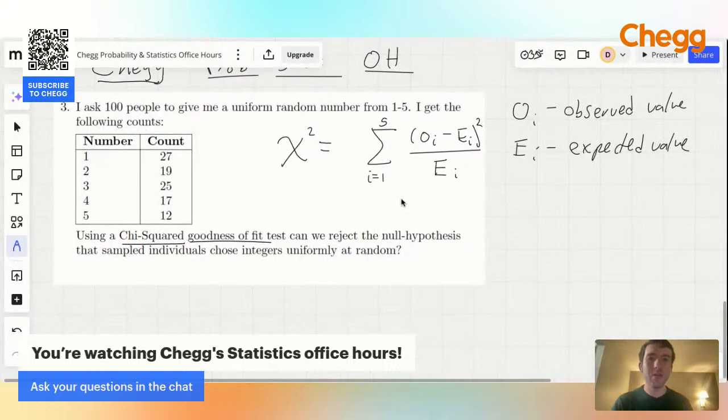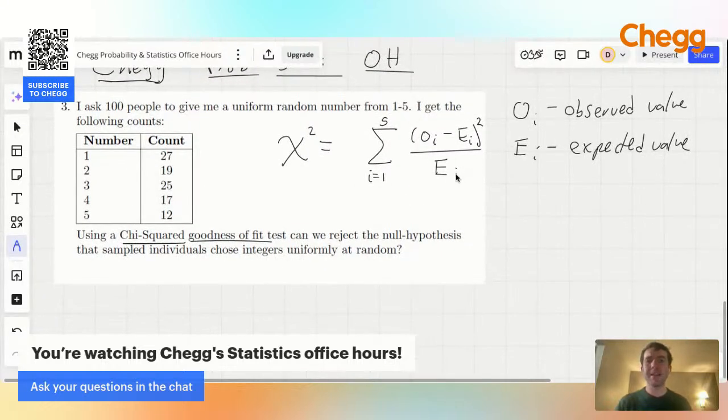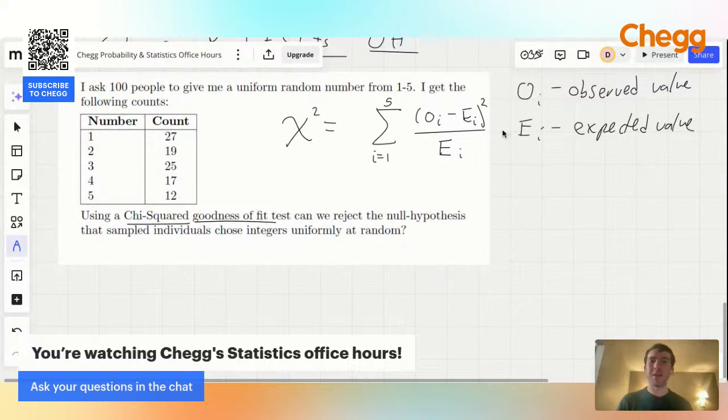Yeah, so here, this is the statistic, and the idea is the expected value here is what we would get if the null hypothesis is true. The observed value is what we actually see. So speaking of the null hypothesis, let me go ahead and write those down, because that's always what we should do to start.